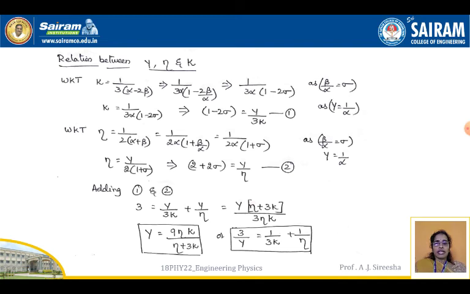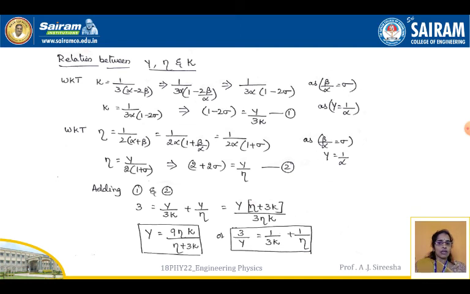Now, we see the relation K is equal to 1 by 3 into alpha minus 2 beta. In the denominator, remove alpha as a common factor. So, it becomes 1 by 3 alpha into 1 minus 2 beta by alpha. We know that beta by alpha is nothing but Poisson's ratio.